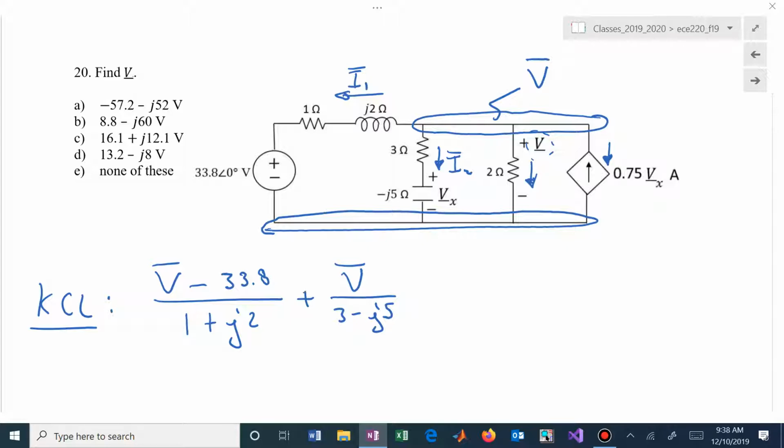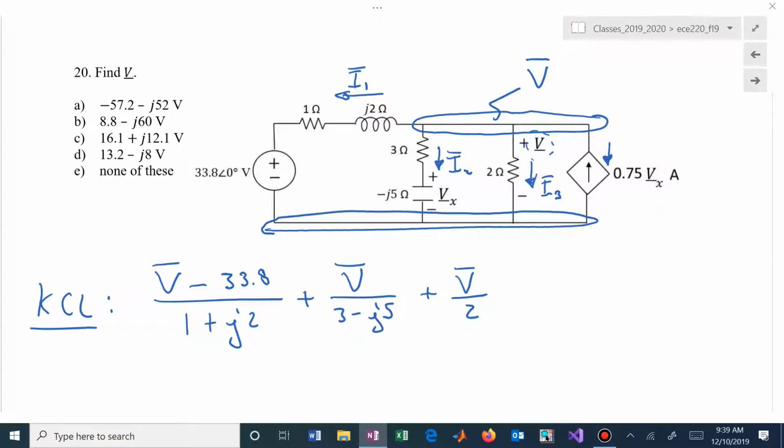But you could have, I guess, said V bar minus V sub x divided by 3. And that would be the same current. But now we have that V sub x in there as well. Let's now look at I sub 3. That one's fairly clean. That's just Ohm's law.